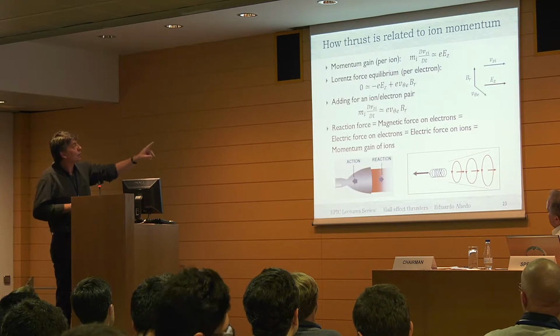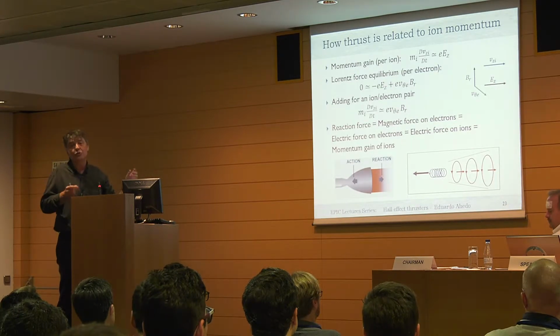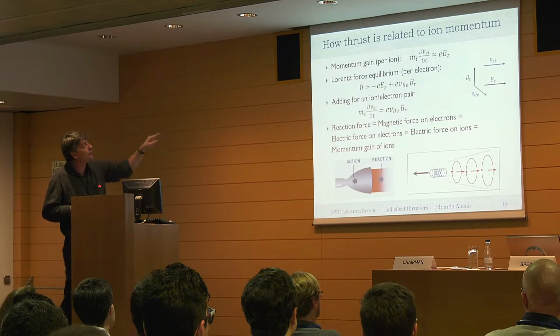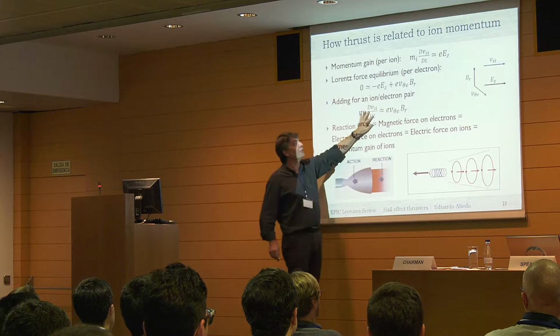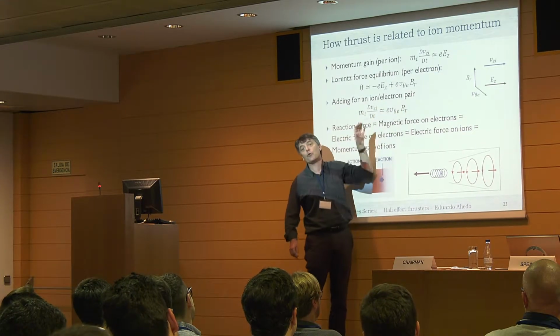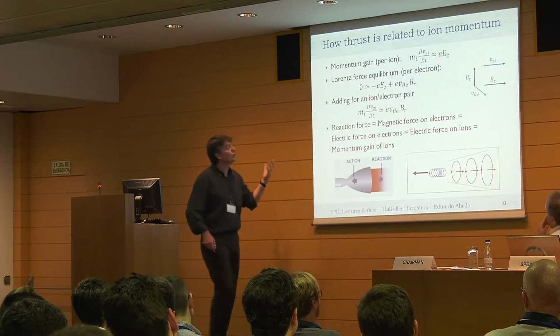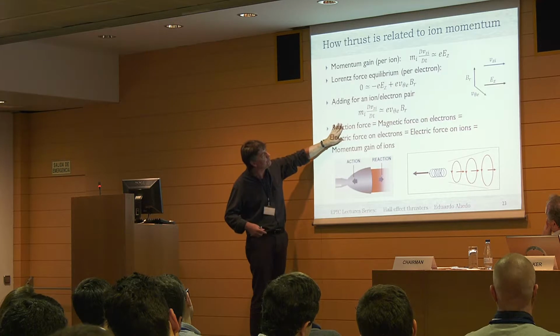Okay, but what we know is that the electric force on ions and on electrons is the same, but of opposite signs. So if you add the two equations, what you have is that the momentum gain of the ions comes from the magnetic force. Okay, so here you have the relation between them. So which is the reaction force? Well, this would be the action force.